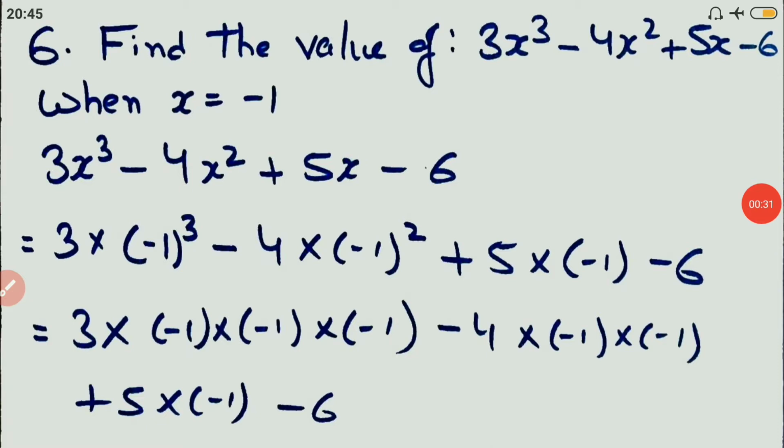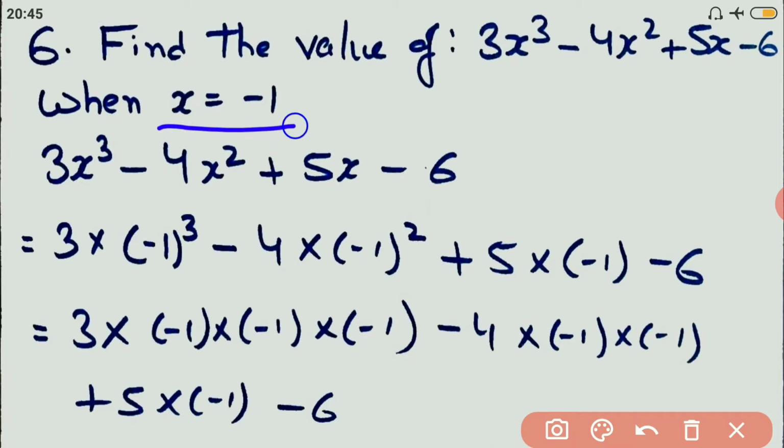Coming to the solution of number 6, the question was: find the value of 3x cube minus 4x square plus 5x minus 6 when x equals minus 1. As you all know, the value of x is given and we have to replace it in this expression. So 3x cube will be written as 3 multiplied by (minus 1) whole cube.